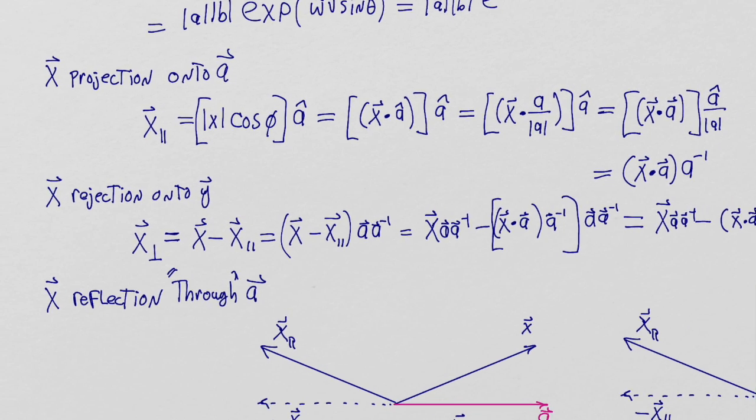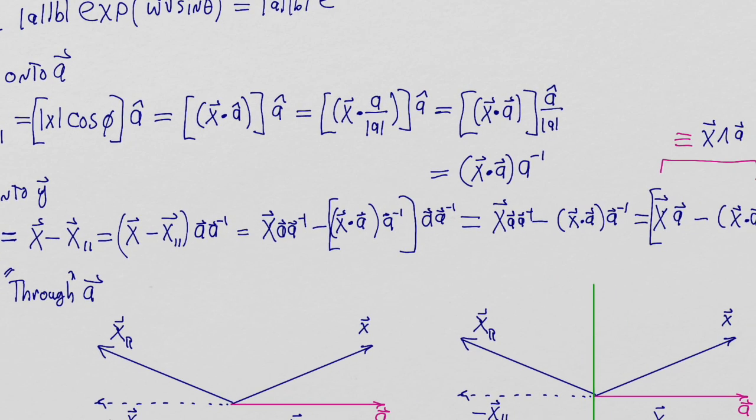This is something we may have learned from regular trigonometry, but it's also expressible as x dot a hat, in the direction of a hat, because the magnitude of a unit vector is 1.